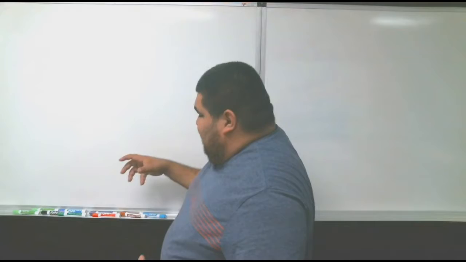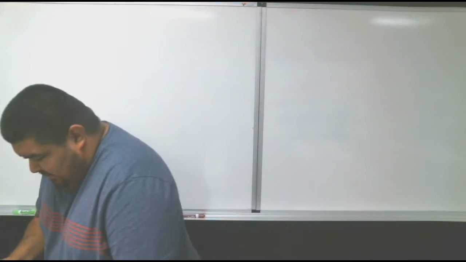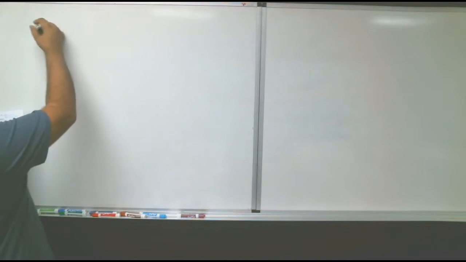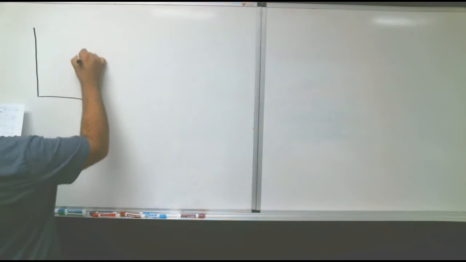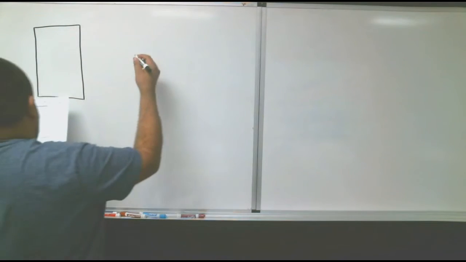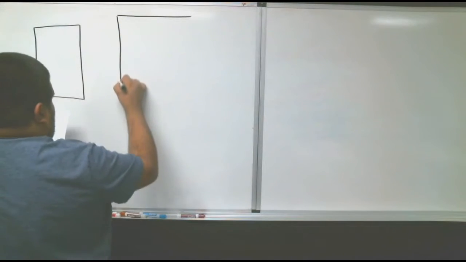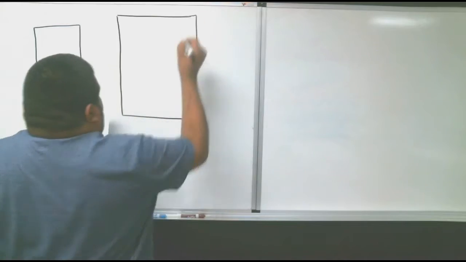So if our shape looks something like this, if our shape is two rectangles, okay, so we have two rectangles.